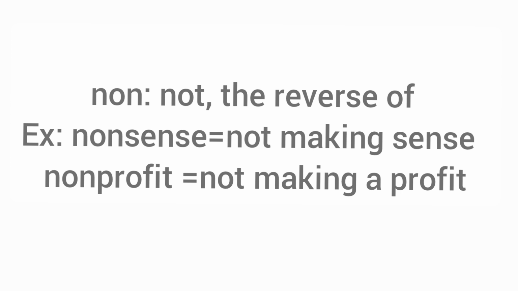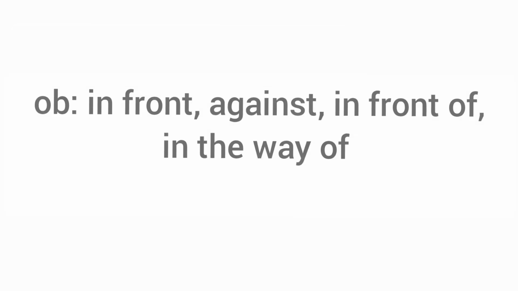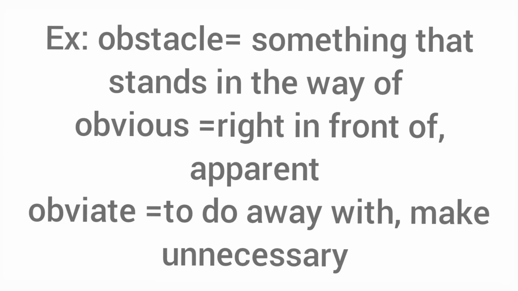Example, nonsense, not making sense. Nonprofit, not making a profit. Then we have ob, in front, against, in the way of. Example, obstacle, something that stands in the way of. Obvious, right in front of, apparent. Obviate, to do away with, make unnecessary.